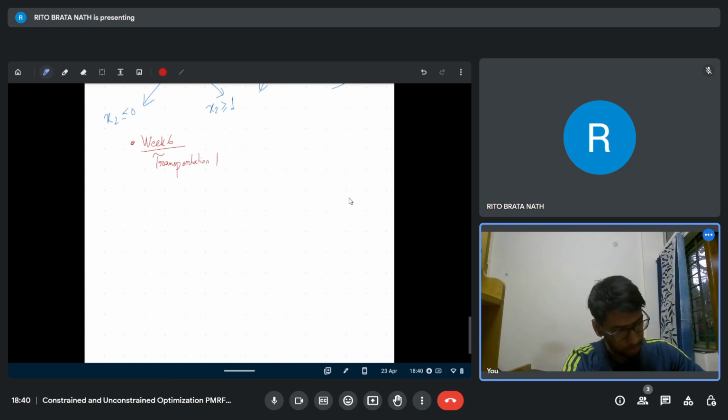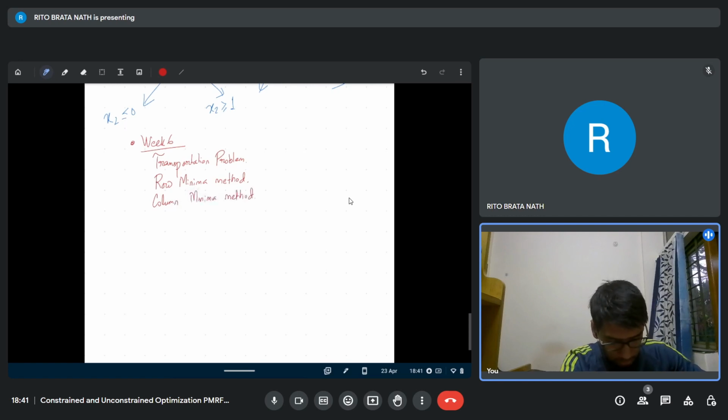I think the calculations were a bit involved in this assignment. Then there are different methods of solving it, and I had solved it in the class. Row minimum method is one. Then you had problems on the column minimum method. Then you had something about the northwest corner method.